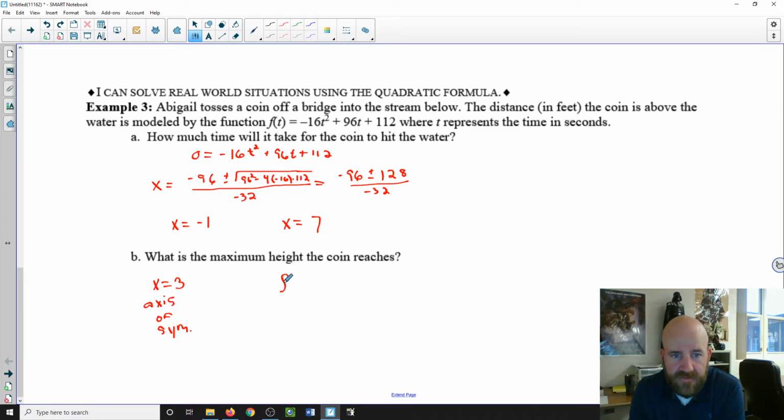So f of 3 equals, once we plug it in and simplify, we end up with 256, and we're in feet. So 256 feet is the maximum value that the coin reaches. Okay?